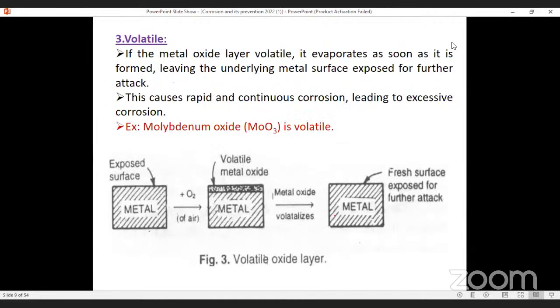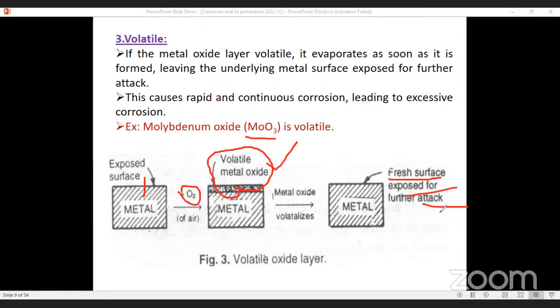Further, some metals, like molybdenum, may produce a volatile metal oxide. Initially the metal is exposed to the environment, and by absorbing oxygen it produces a volatile metal oxide. Volatile nature means it evaporates, and the remaining fresh surface area is exposed for further attack.